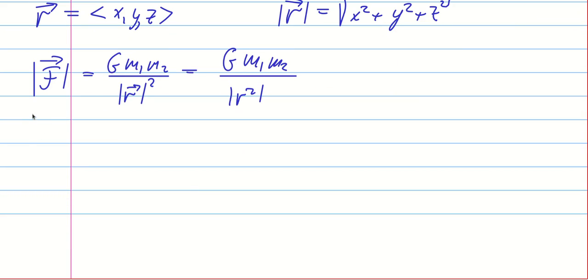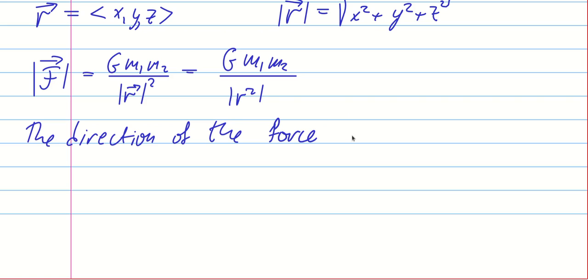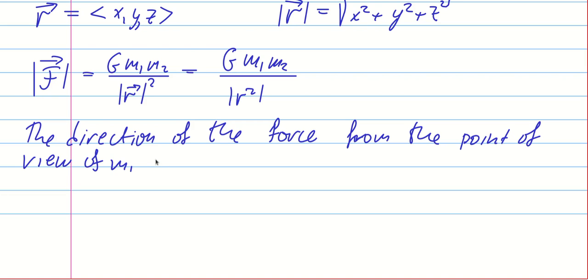So now the direction of the force. The direction of the force from the point of view of M1 is negative R over the magnitude of R. That would be our unit vector.